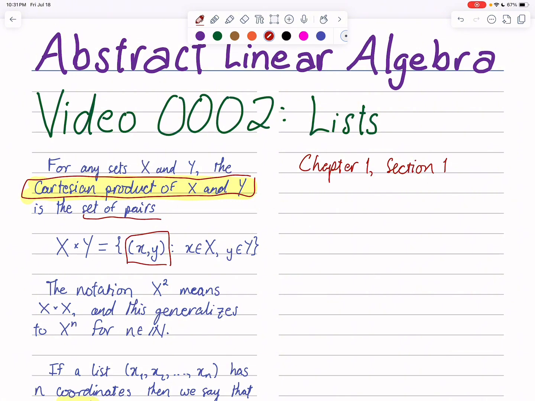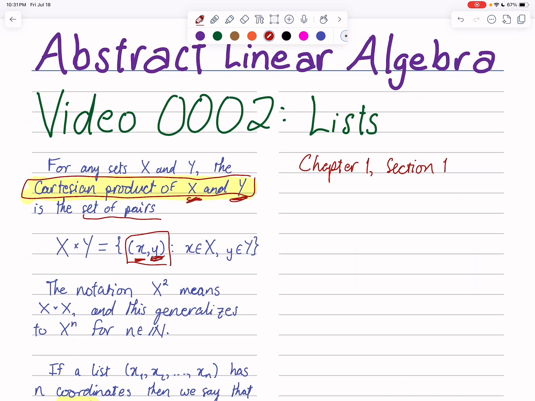The Cartesian product is the set of all pairs where the first coordinate of the pair comes from x, right? Because we're taking the Cartesian product of x and y. So the first one comes from x, the second one comes from y. So that's the Cartesian product between any two sets, x and y.